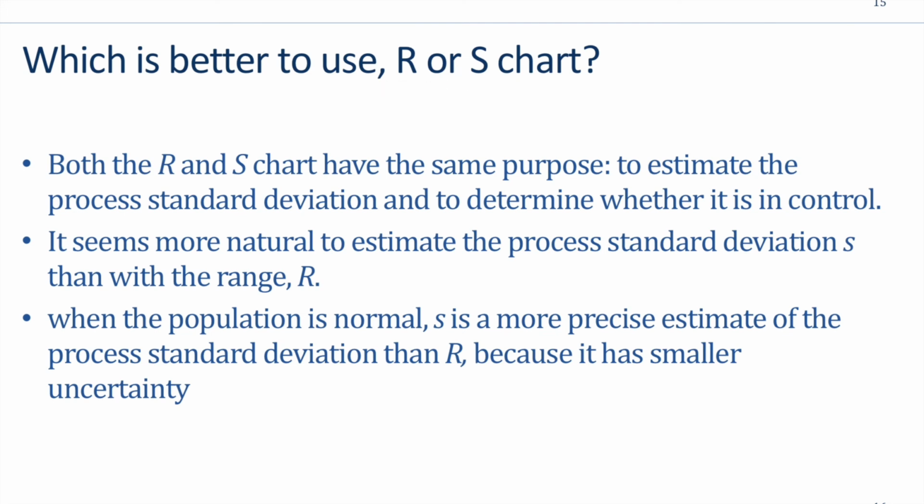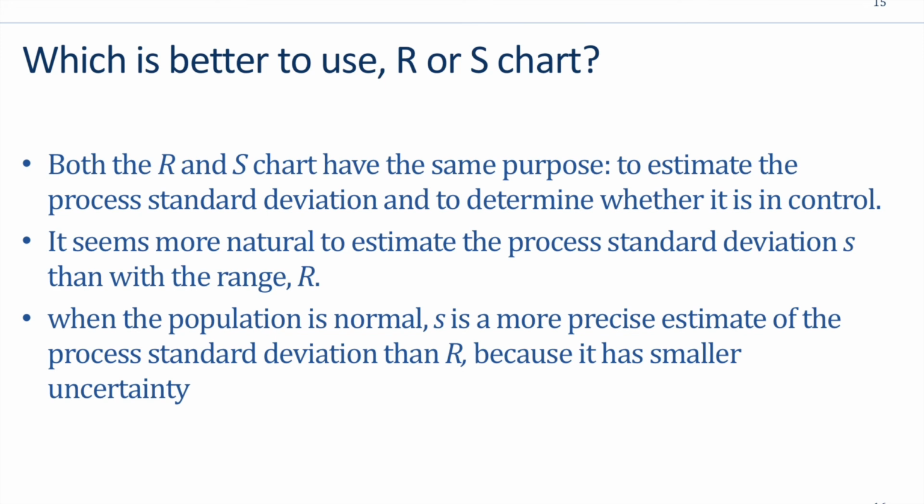Well, both are going to give similar results. So the range is estimating the standard deviation. So what is more precise? Well, I would say that S, because it's a better estimation of the process variability, and the range is just an approximation of S. It's probably easier to calculate, but with computers these days, there is no need to do any simplification.